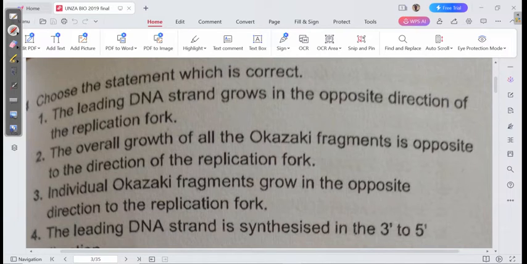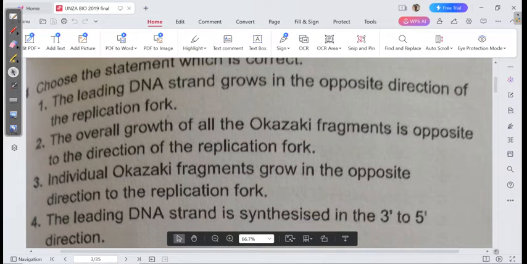Option 2, the overall growth of all the Okazaki fragments is opposite to the direction of the replication fork. Option 3, individual Okazaki fragments grow in the opposite direction of the replication fork. Option 4, the leading DNA strand is synthesized in the 3 to 5 prime direction. Option 5, each Okazaki fragment is synthesized in the 3 to 5 direction.